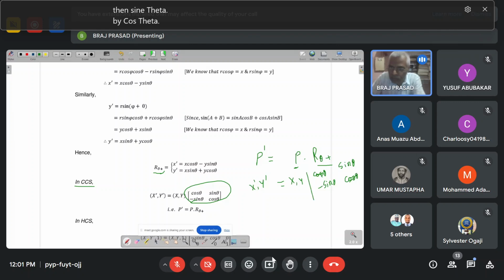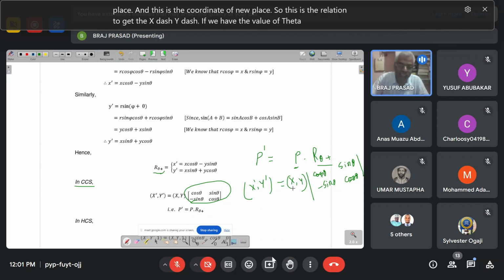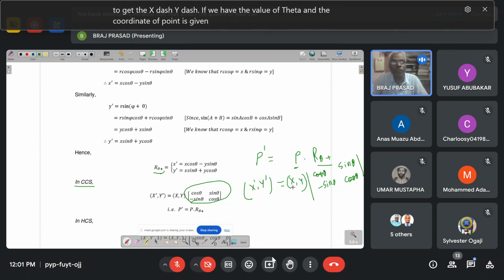So this is our R theta plus, this is the coordinate of the original place, and this is the coordinate of the new place. So this is the relation to get x dash, y dash. If we have the value of theta and the coordinate of the point is given, then we can calculate the coordinate of the new location with the help of this relation.